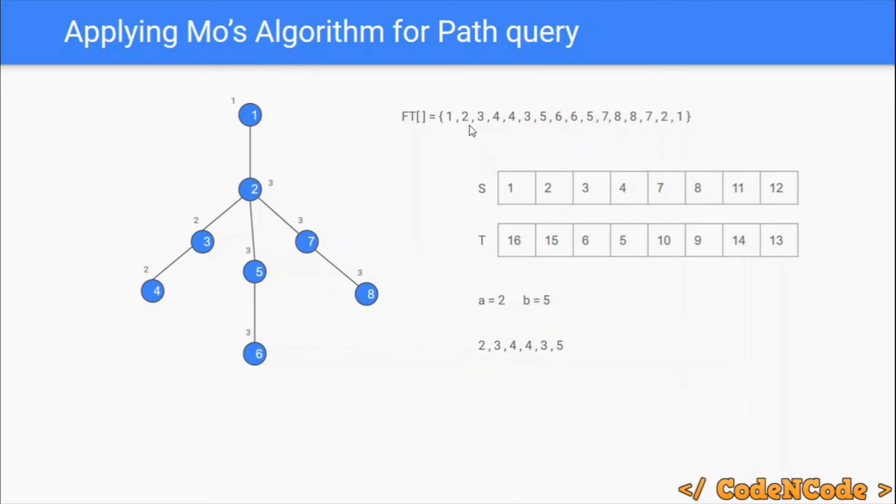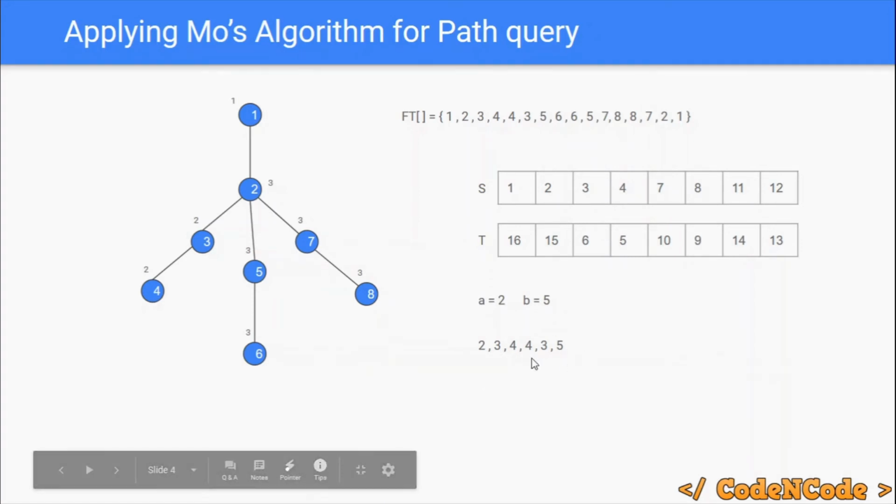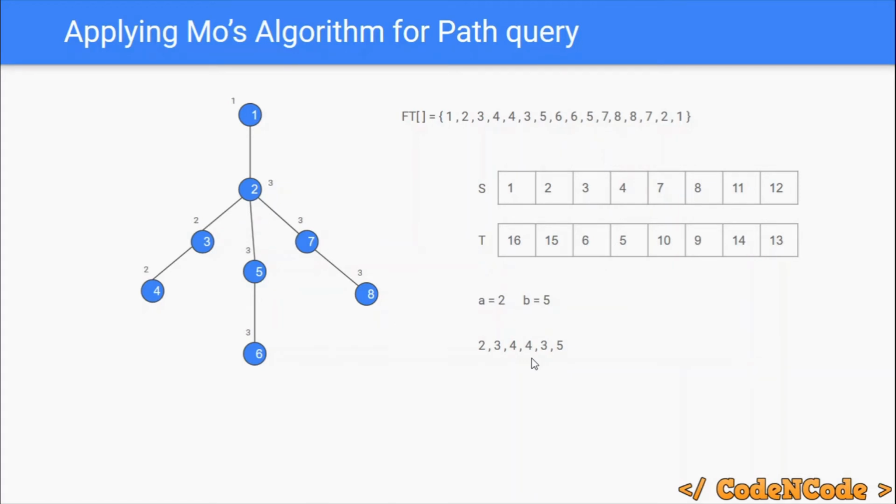That is why from starting time of A to starting time of B, all of the nodes which do not lie on the path from source to destination would appear exactly two times, and all of the nodes which actually lie on the path from source to destination would appear exactly one time.